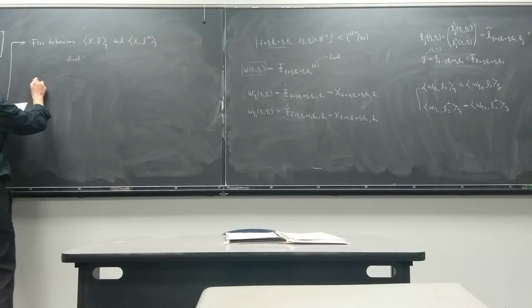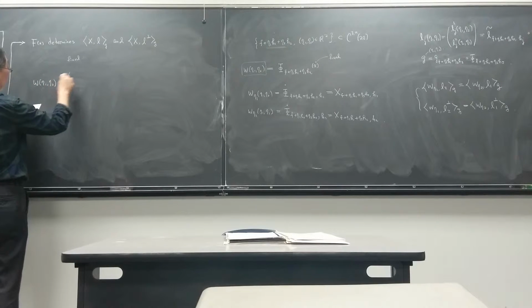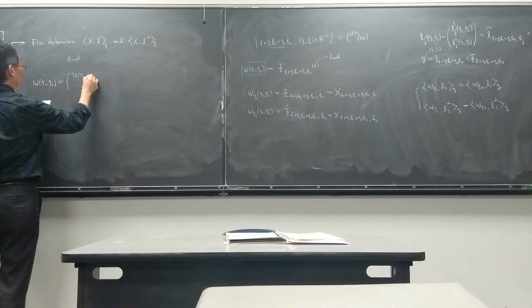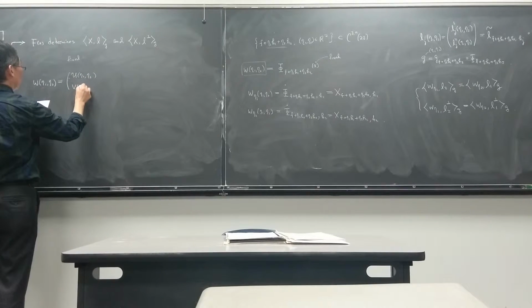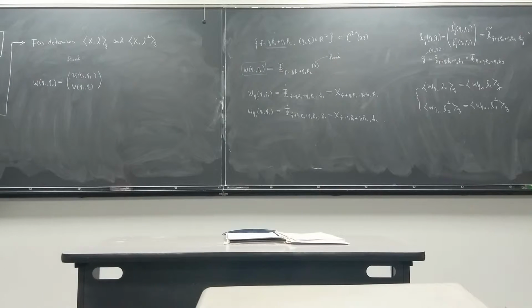If I define W of eta 1 and eta 2, these are vector functions, using U and V to denote the different components, then the system goes like this.